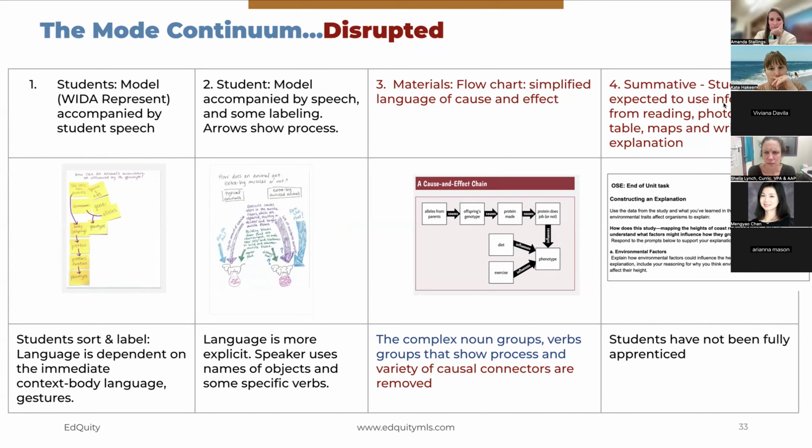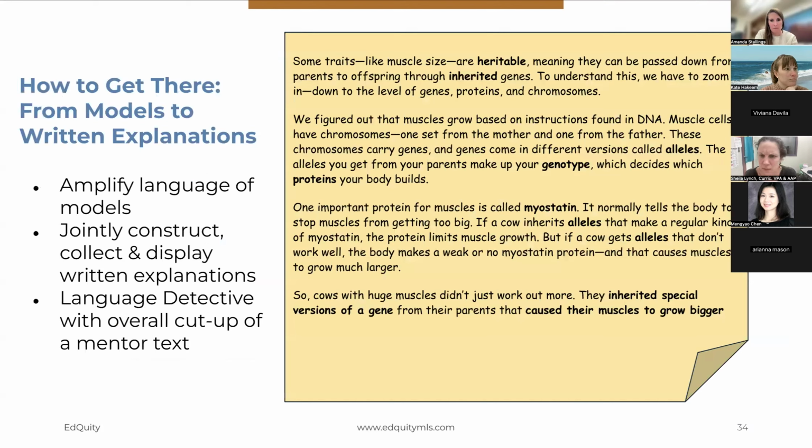So as a co-teacher or a coach in a science class, as the MLL specialist, I would amplify this language here so that students are able to write an explanation. And I would use WIDA 2020. So I'll quickly go through this. This is what my written explanation might look like. And you can see that a flow chart of cause and effect isn't the same language as a written explanation.